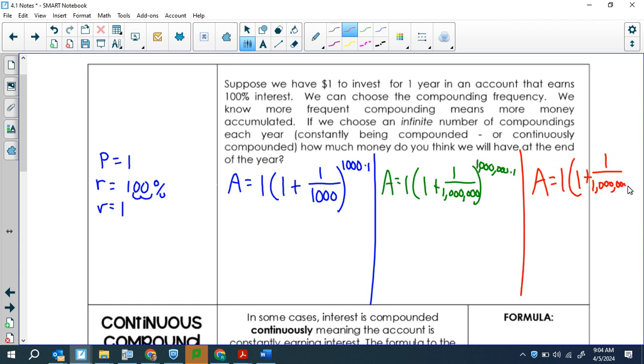A lot of zeros. And the exponent, and running out of room there.